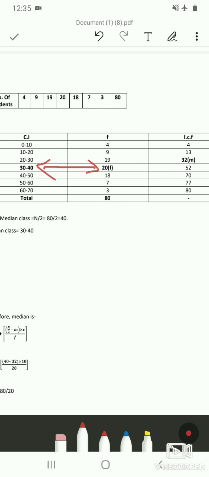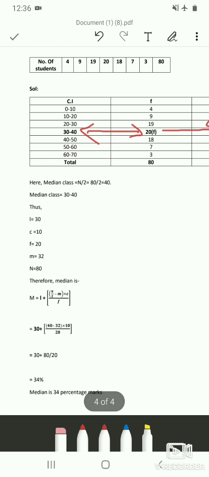Okay, to find out m, this is your median class. m is nothing but the value preceding the LCF value of the median class. So here the value which is previous to the median class is 32. Therefore your small m is 32. And we know that capital N is 80.